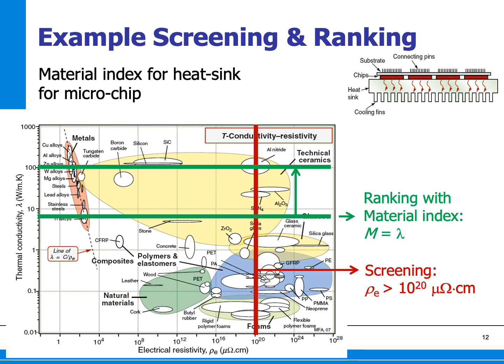This bubble shows you that there is some spread in the different grades of aluminum nitride, but there are some grades that have a high enough electrical resistivity to pass our screening step. So this is a way in which we use both a screening step and a ranking step to find the best material for this application, namely aluminum nitride.